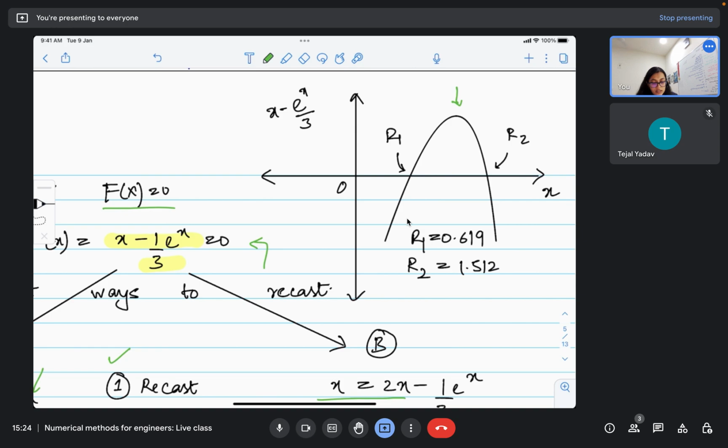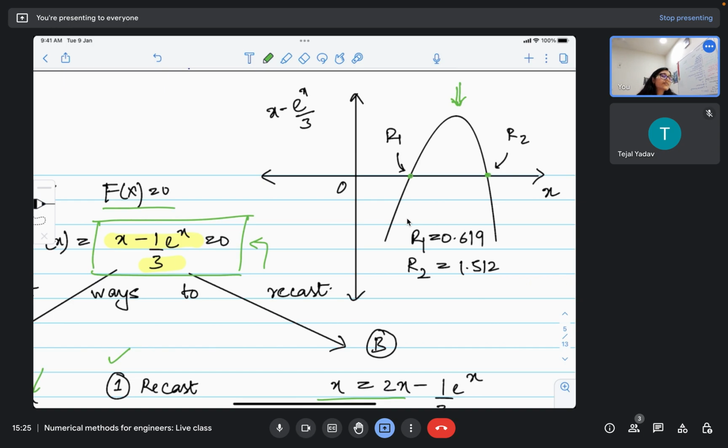Okay. So, Tejal, this is just for understanding, for other viewers who will view it later and for our understanding, that this particular function, that is x minus 1 by 3 e to the power x equal to 0, is drawn in this particular way on the curve, and this point is basically giving us the roots.